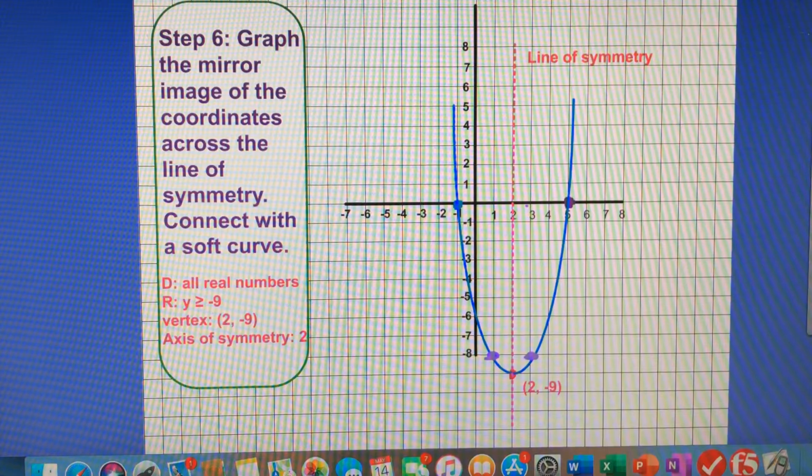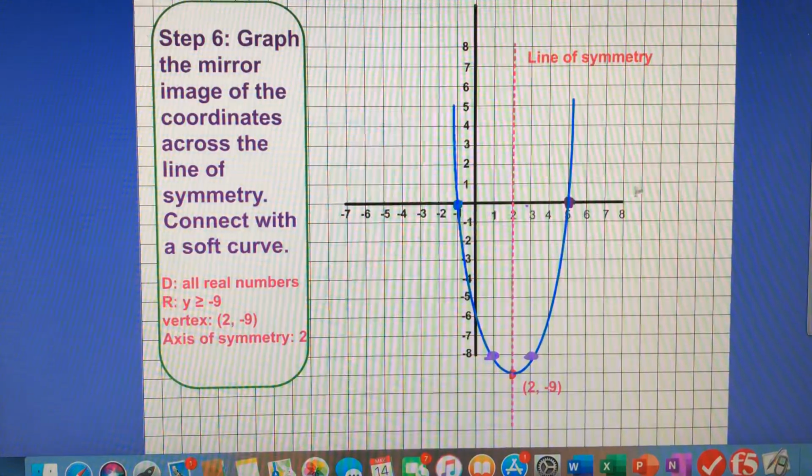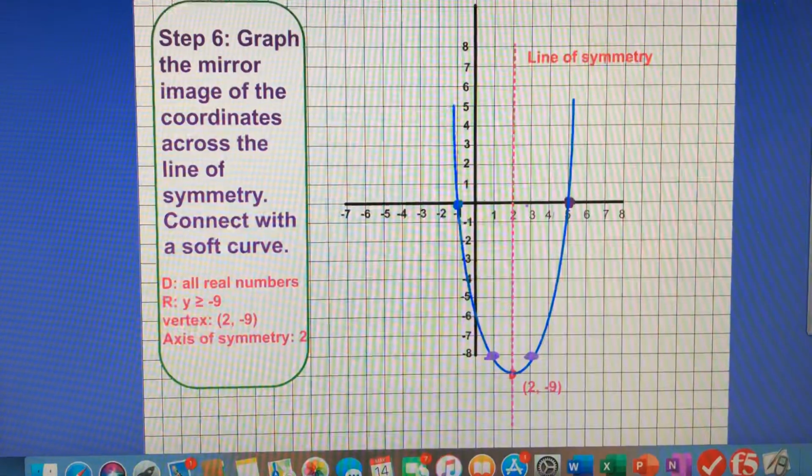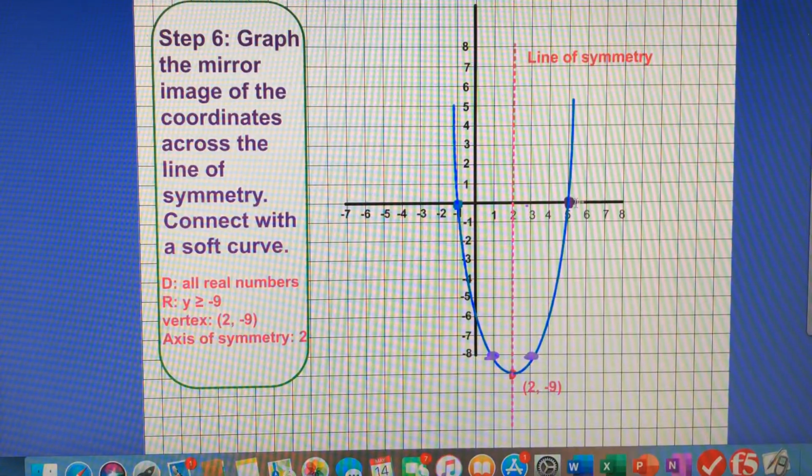Yes, a lot of work, all done by hand, but that's okay, because everyone should know how to do it by hand first.